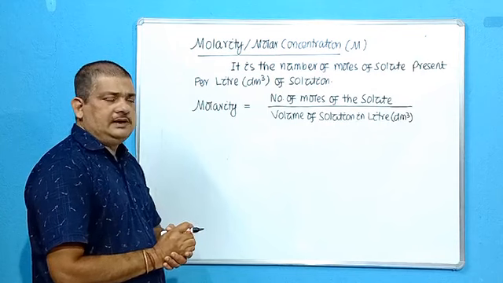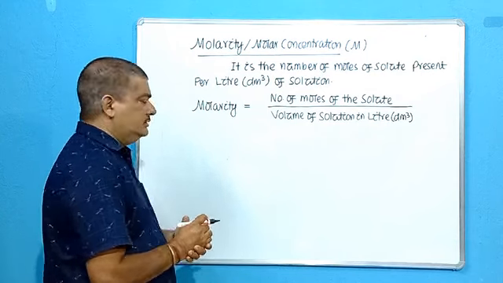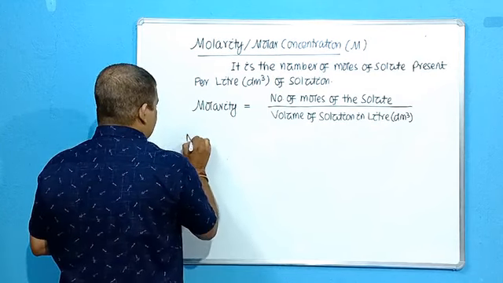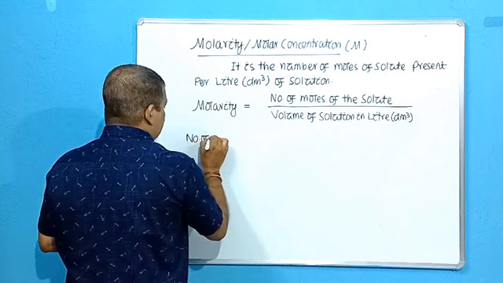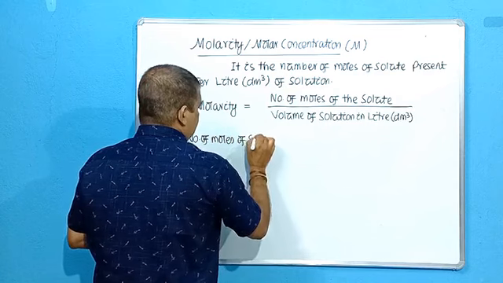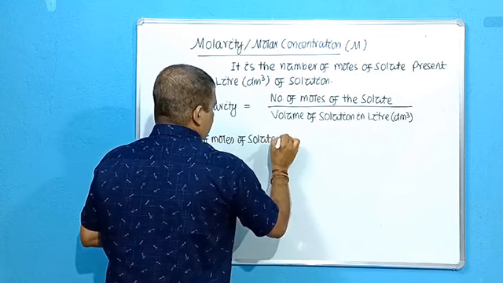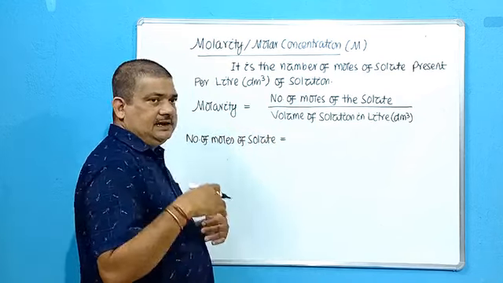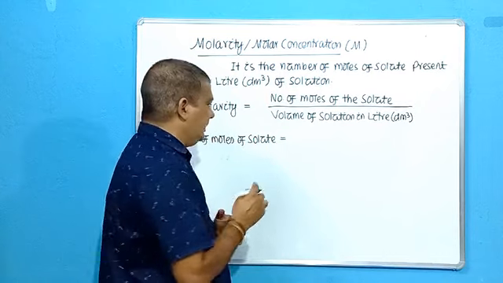Now we know how to calculate the number of moles of the solute. So how to calculate the number of moles of solute? Now given mass divided by molar mass.